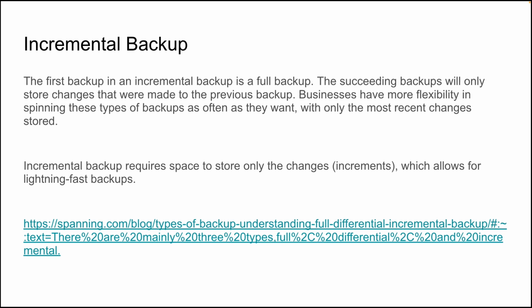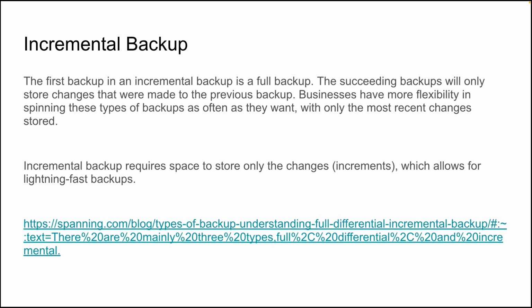The first backup in an incremental backup is a full backup. As you can see the trend, most backups are a full backup first, followed by these other steps. The succeeding backups will only store changes that were made to the previous backup. Businesses have more flexibility in spinning these types of backups as often as they want, with only the most recent changes stored.